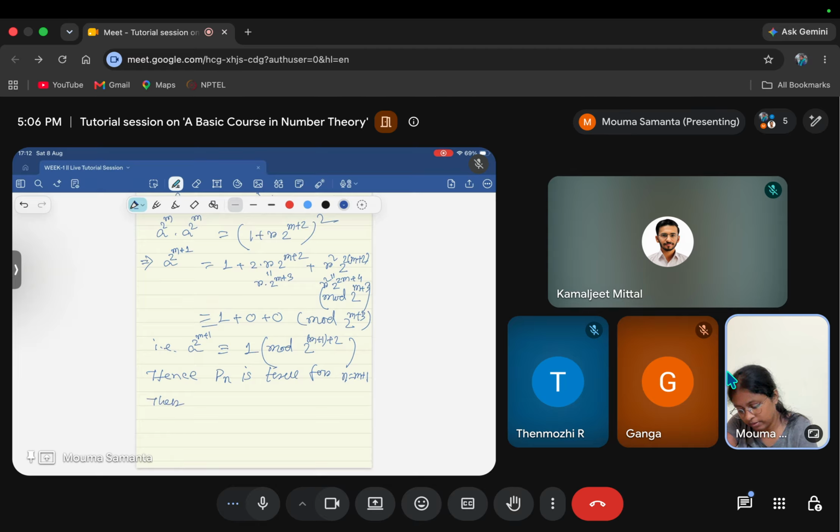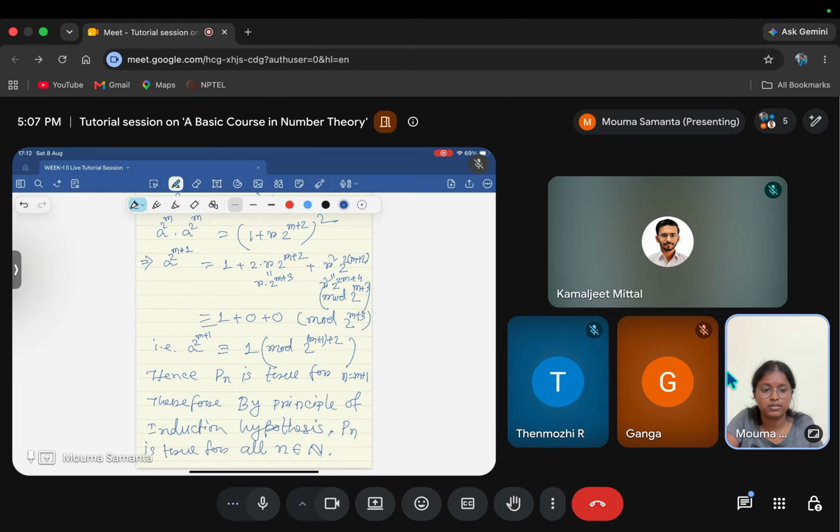Therefore, by principle of induction, Pn is true for all n belonging to the set of natural numbers.